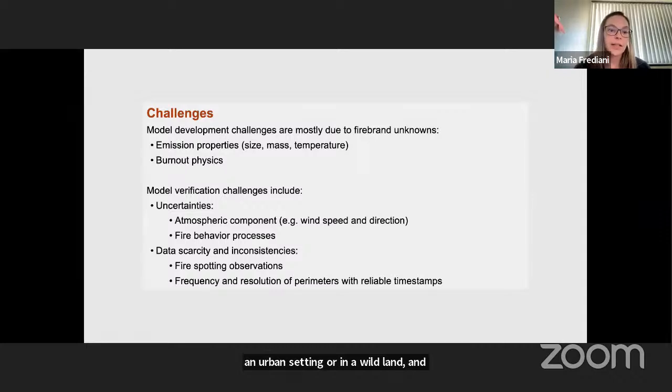And so to finalize, some of the challenges associated with this research and other wildfire research using the coupled framework is that there are a lot of unknowns. For example, emission properties for those firebrands, like size, mass, and temperature. We don't have a good sample of that. Burnout physics, we're assuming spherical particles.